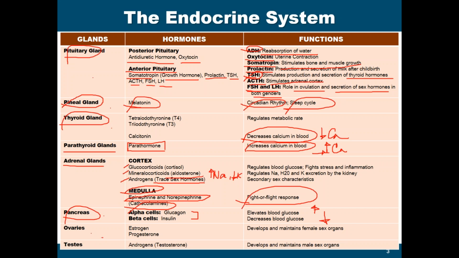So later on, if you study disorders like hypothyroidism and hyperthyroidism, your acromegaly and Simmonds disease, your hypoparathyroidism and hyperparathyroidism, for example, your Cushing syndrome versus Addison's disease. So when you're looking at all of these disorders, you have to go back to the functions of the hormones so that you will understand what's really going on with the patient.